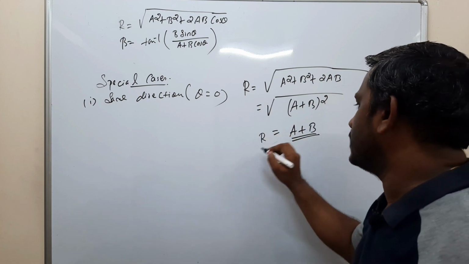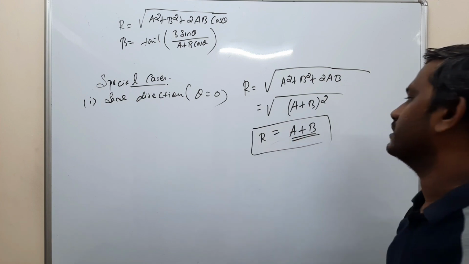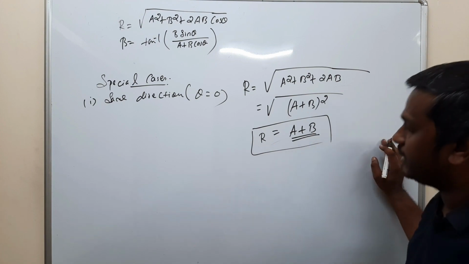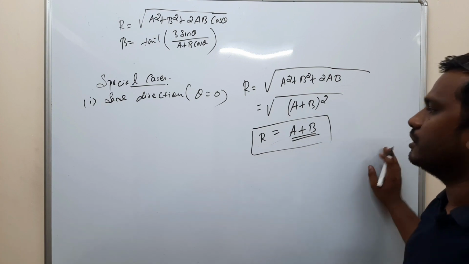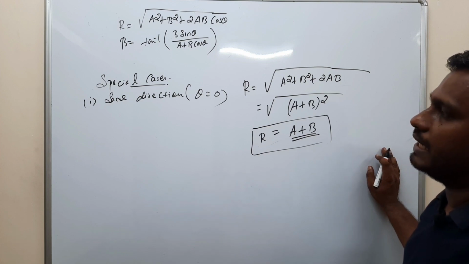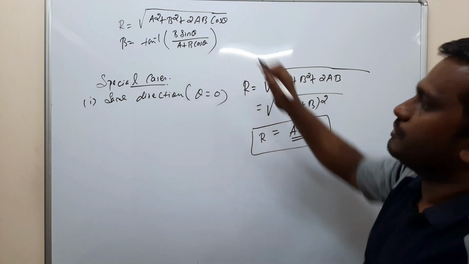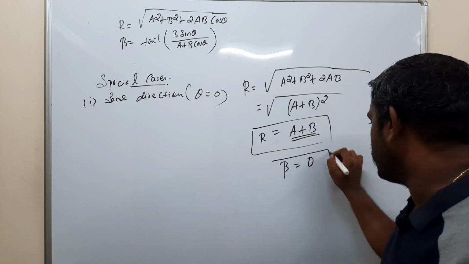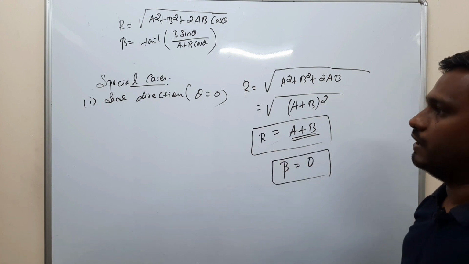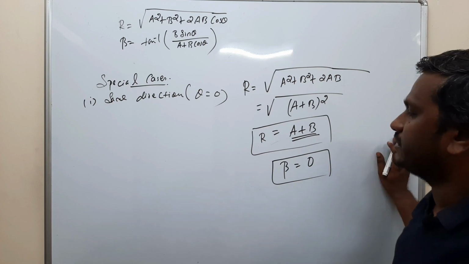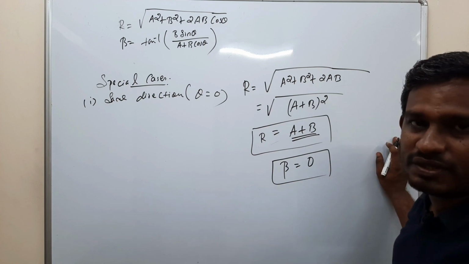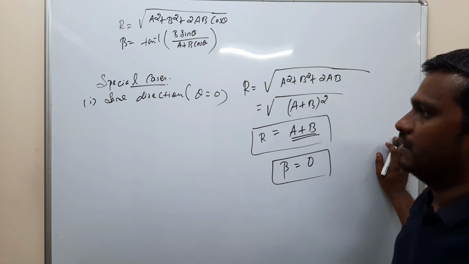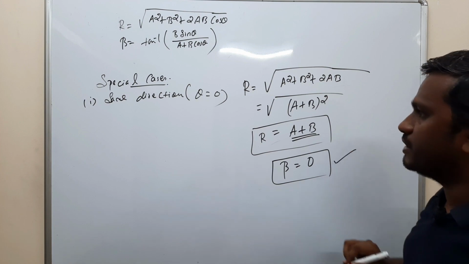So if two vectors are acting in the same direction, the resultant is R equal to a plus b. What about the direction of the resultant? Theta is equal to 0, therefore beta is equal to tan inverse of 0, so beta is equal to 0. The conclusion is that the resultant acts in the direction of the two vectors.